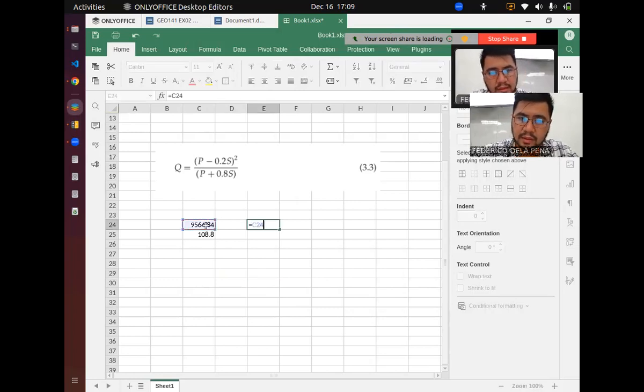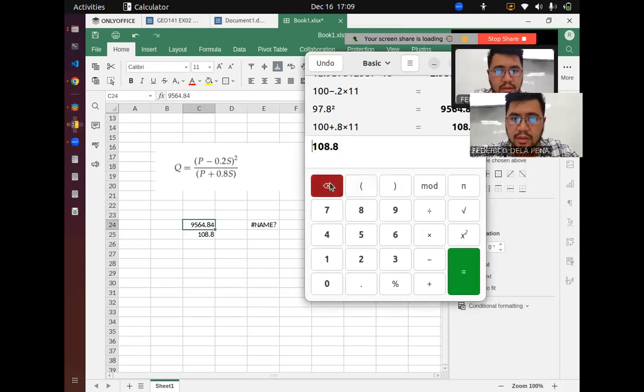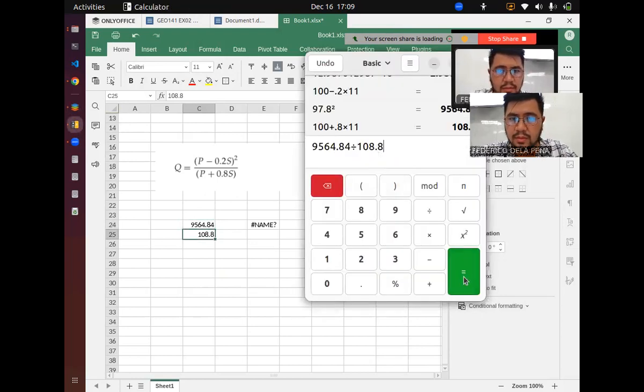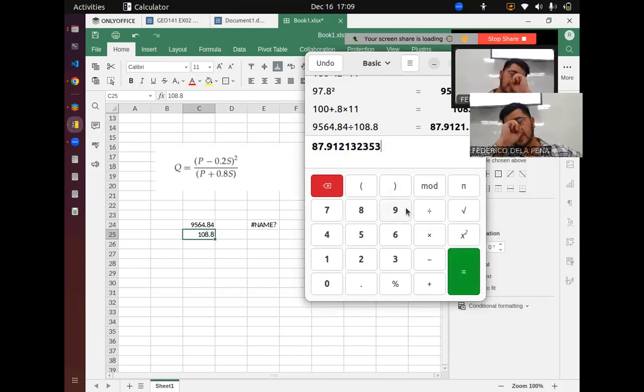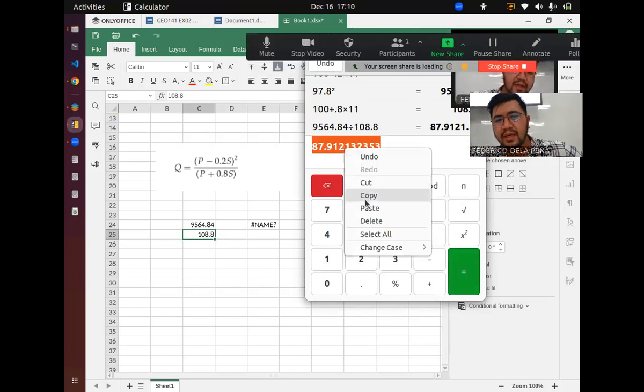We're going to get around 87.9 inches of runoff.